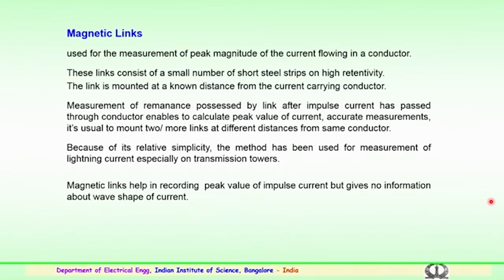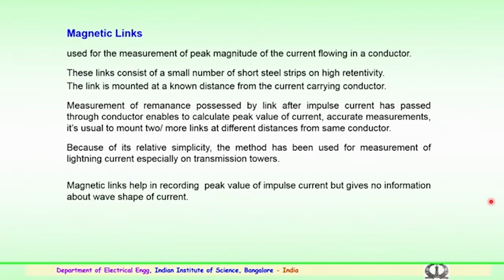Next is the magnetic links. This magnetic link measurement is used for the peak magnitudes of the current flowing in a conductor. These magnetic links consist of a small number of short steel strips of very high retentivity, and the link is generally mounted at a known distance from the current carrying conductor.